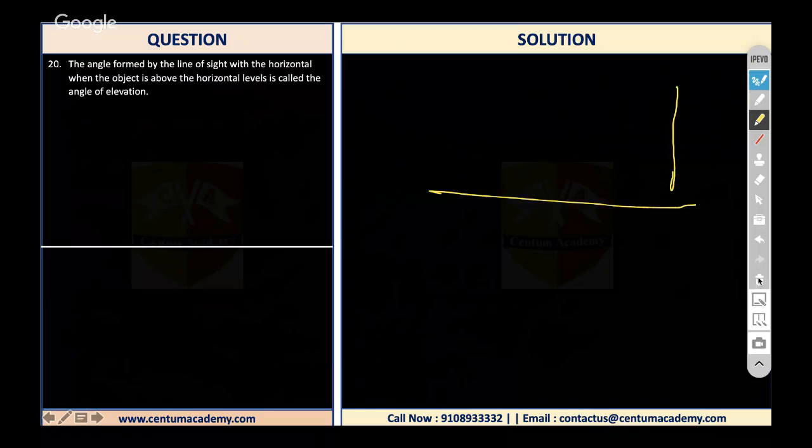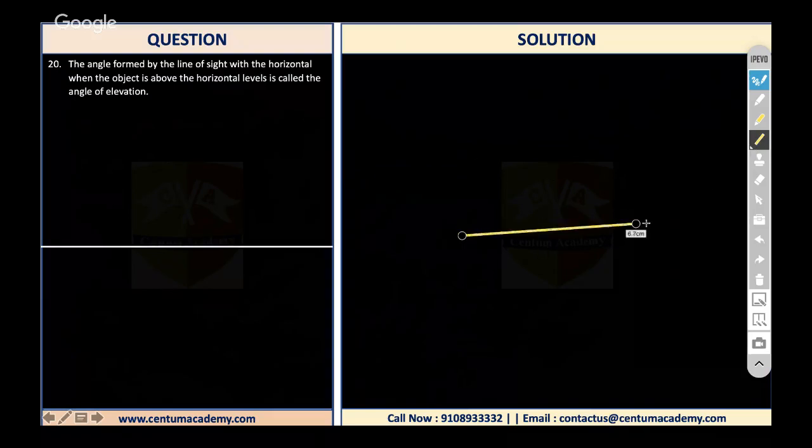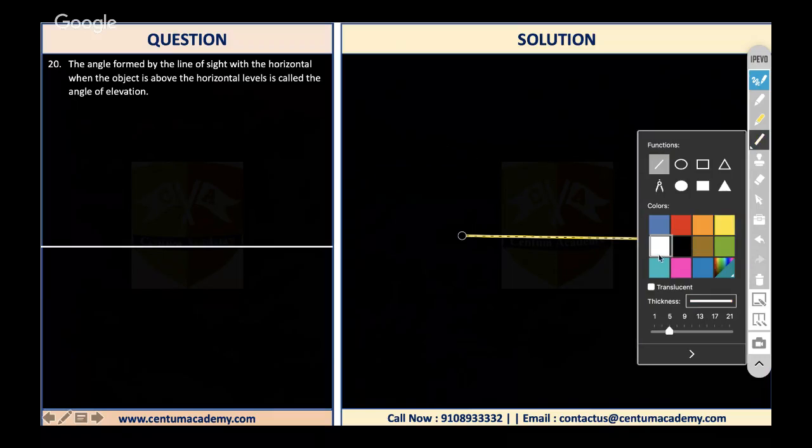So let me draw a proper line here. Let's say this is my ground level.